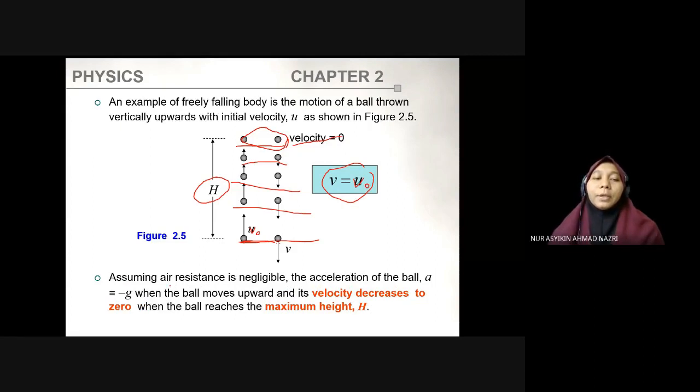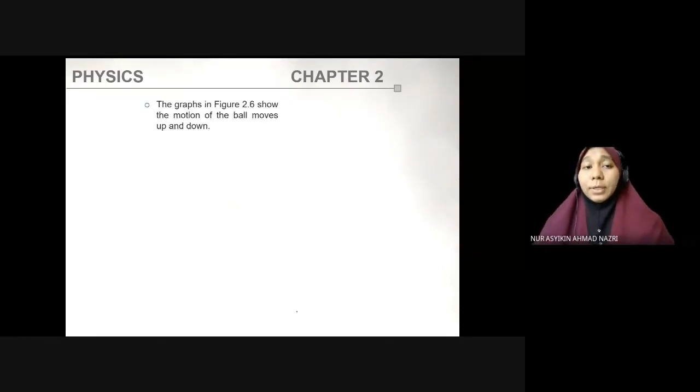Again, by assuming air resistance is negligible, the acceleration of the ball A equals negative G, while the ball moves upward and its velocity decreases to 0 when the ball reaches the maximum height.